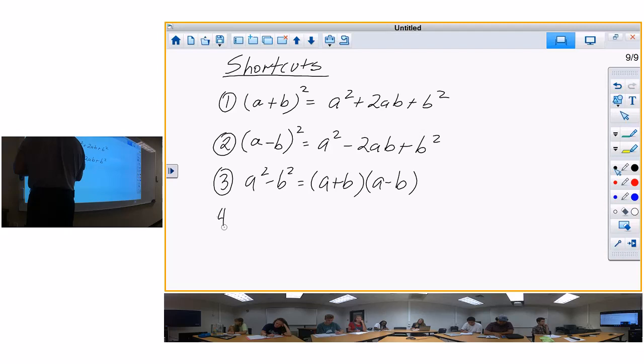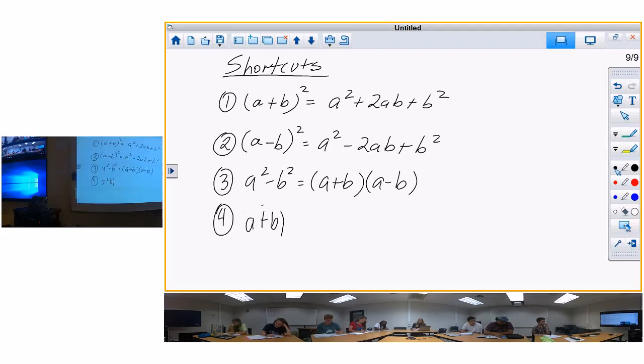4. A cubed plus B cubed, I get them sometimes mixed up. Sorry, just erasing.